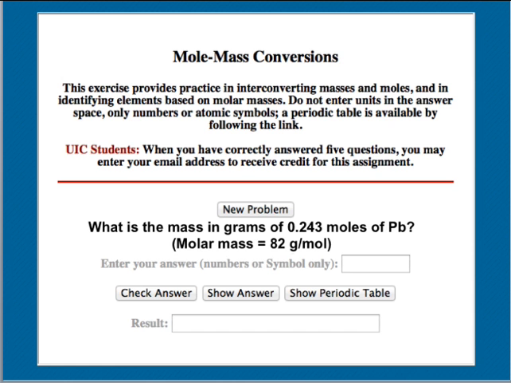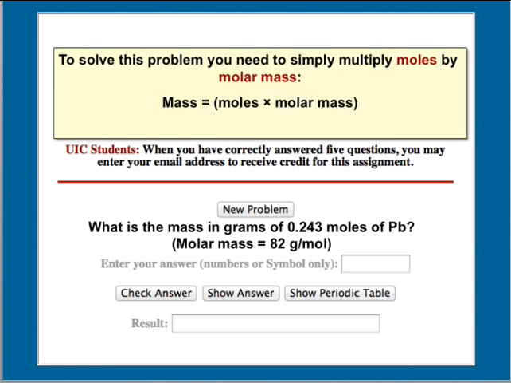Remember, molar mass is mass divided by moles. Therefore, mass is going to be moles times molar mass. Our mass here is what we're trying to find. We have 0.24 moles, 82 grams per mole. This is 19.9 grams.